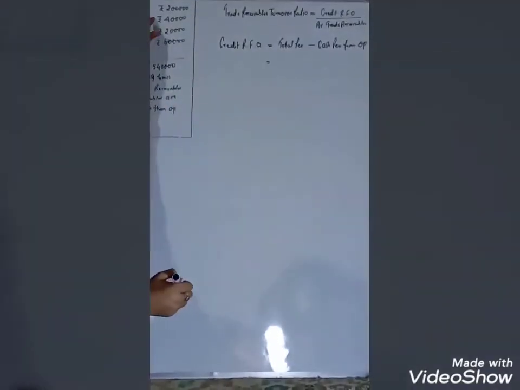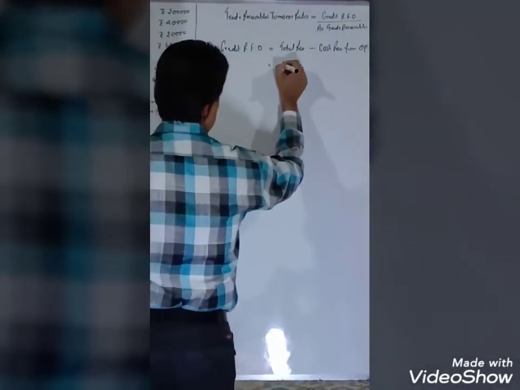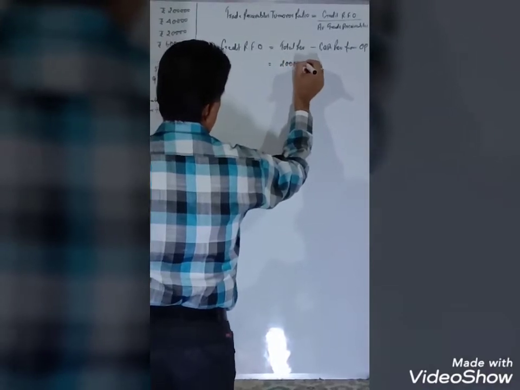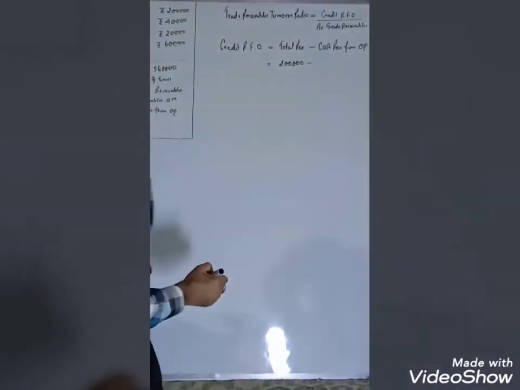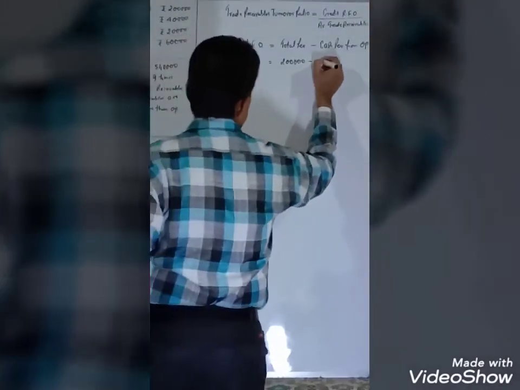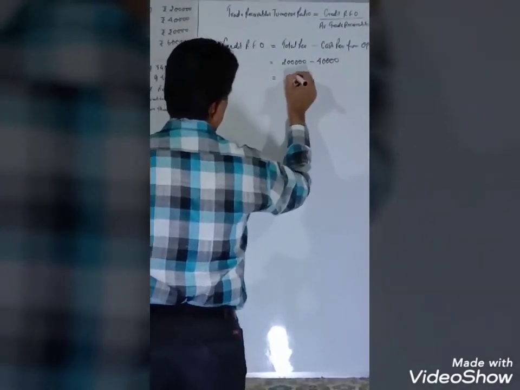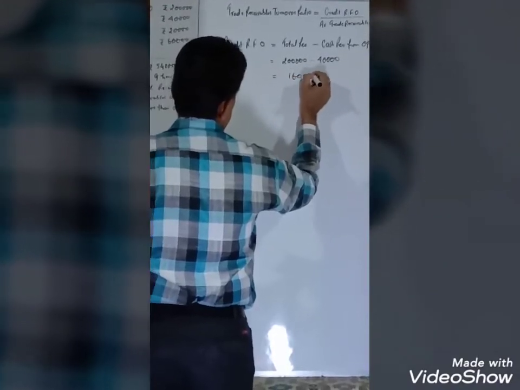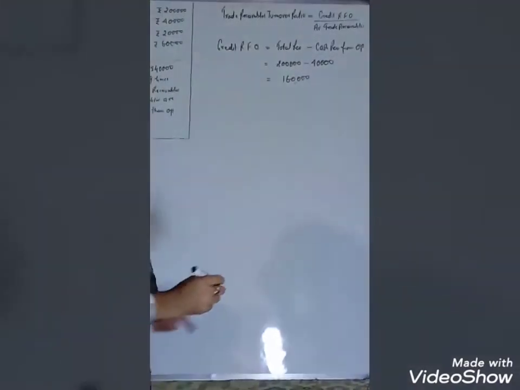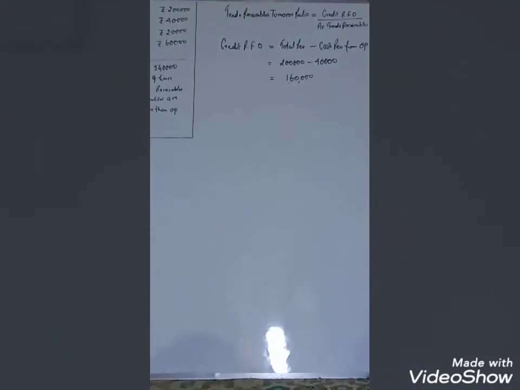The total revenue from operations is rupees 2 lakh, minus cash revenue from operations of rupees 40,000. We got 1,60,000. This is your credit revenue from operations.